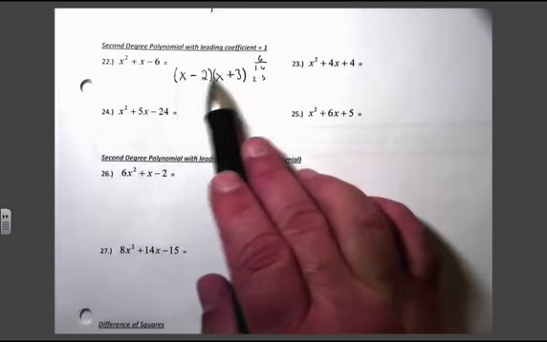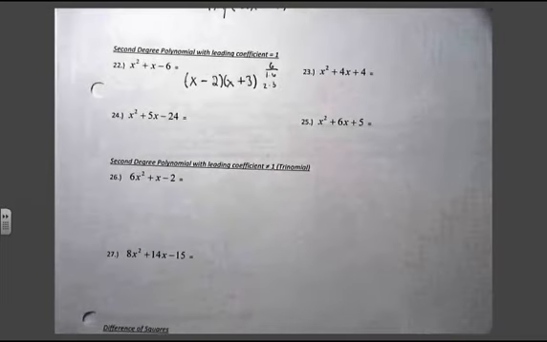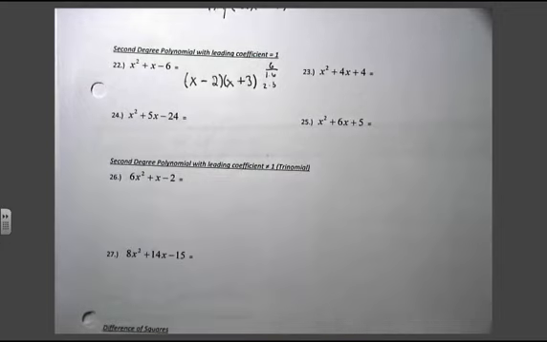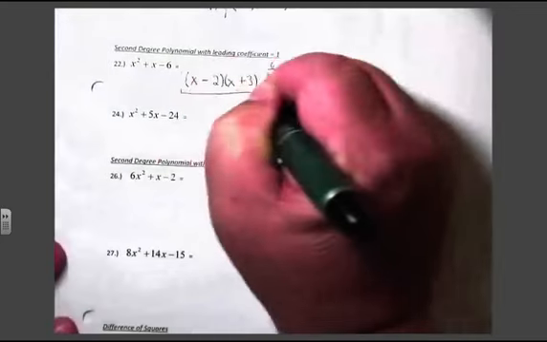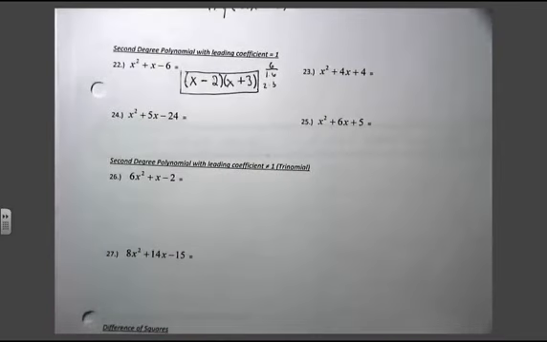And minus 2 times 3 is minus 6. So all the terms checked out. But it's that outer and inner that has to combine to get that 1x. So this factors. And again, what I did was I took x squared plus x minus 6 and I turned it into multiplication. Very important property because that's where things start to cancel out.